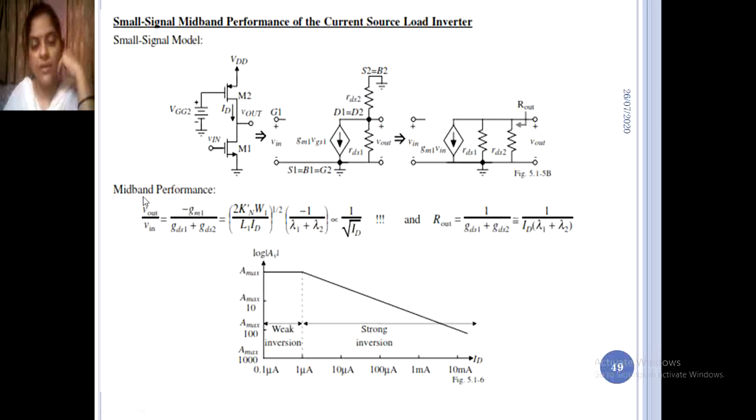Then the midband performance is plotted here, logarithmic amplitude versus ID. From the starting point it is somewhere near 0, and after that it is going to reduce. This is the strong inversion region, this is the weak inversion region.